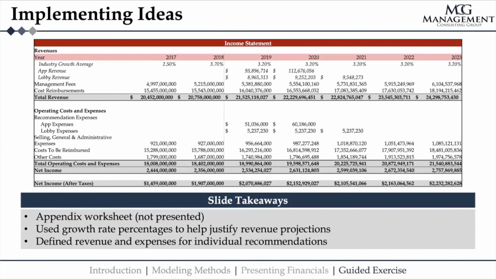So taking a look at how we showed the implementation of our ideas, we wanted to work our associated cost and revenue projections back into the income statement so that we could see how it fit with the flow of operations for the entire firm.